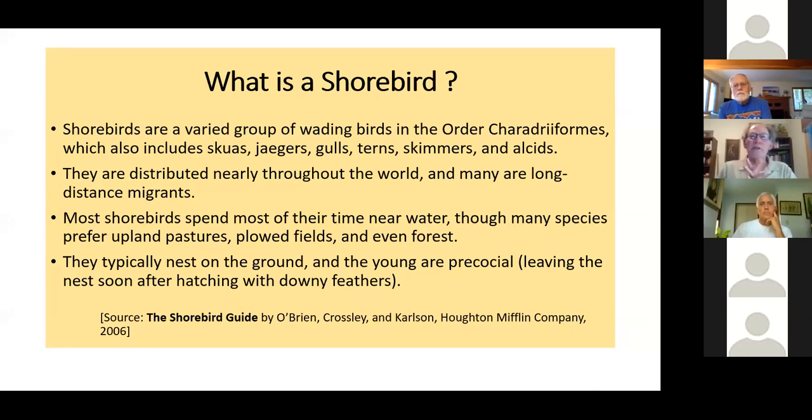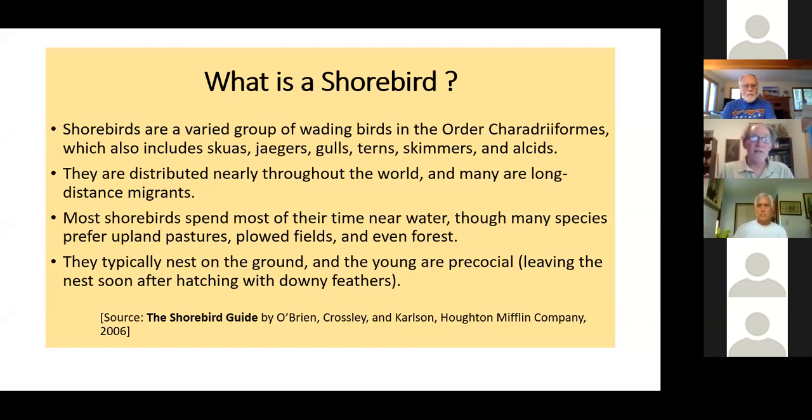So initially, I wanted to say, what is a shorebird? They belong to a large order of birds, the Charadriformes, which includes Jaegers, gulls, terns, and a few others. They're distributed throughout the world. Most of them, of course, spend their time near water, but we do have upland species like woodcock and upland sandpiper.